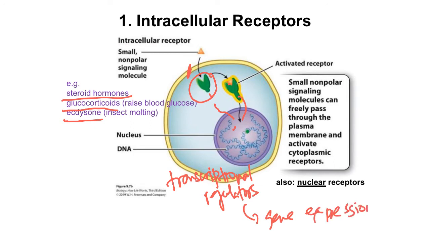Okay. So this is an example of communication between small nonpolar signaling molecules and receptors that are found inside the cell. So the receptors are called intracellular receptors.